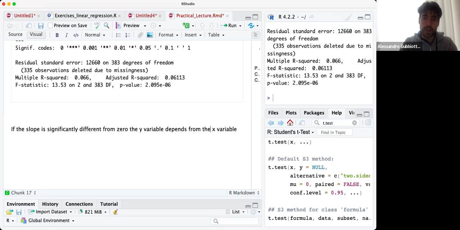So stochastically, it depends stochastically, so statistically, sorry. And so I want to refresh what this statistical dependence means.